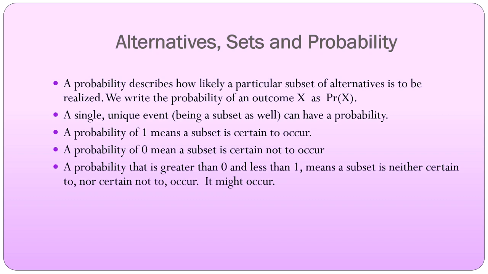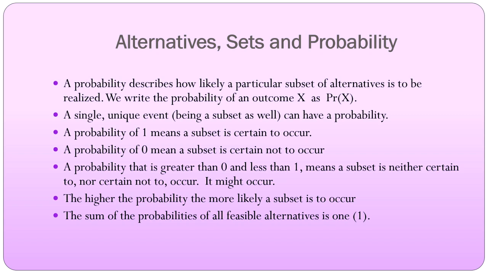On the other hand, if you're talking about the probability that the sun is going to rise tomorrow, it is pretty close to 1. Well, depending on your view of how the universe works, maybe there's some infinitesimally small amount that it won't occur. So the higher the probability, the more likely that subset is to occur.